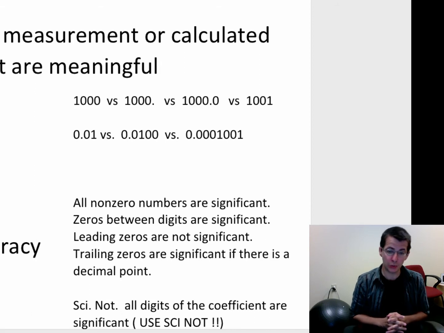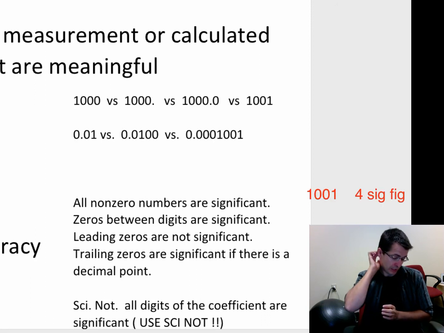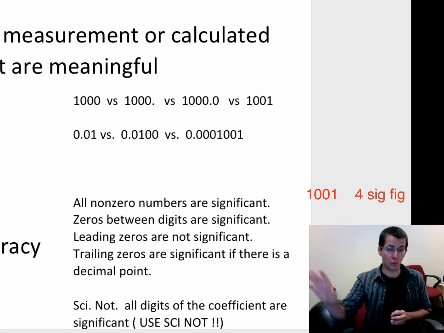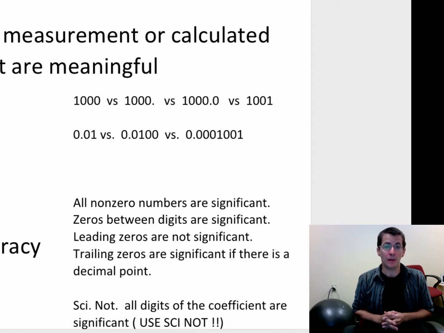So let's take a look at two numbers. Zeros between any real digits are significant. So if we look at this last number, 1001, the implication of those zeros is that they are real and they are significant. So this number, 1001, would have 4 significant digits.